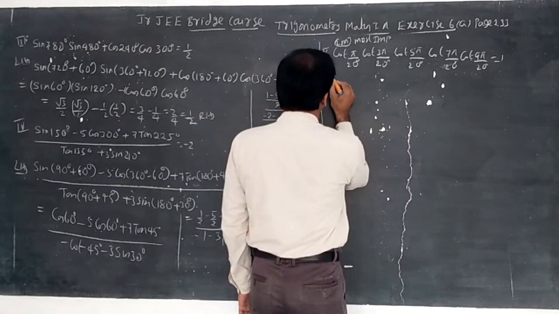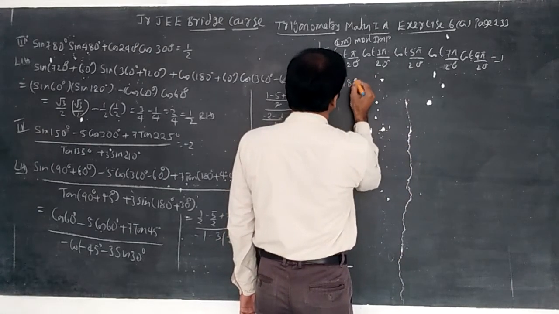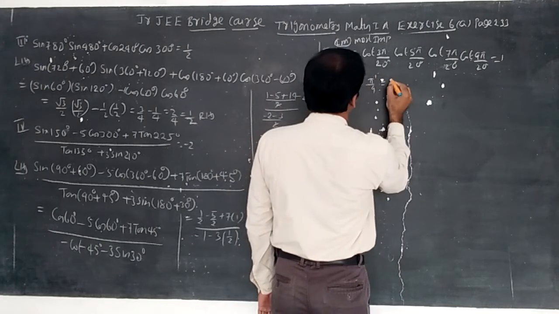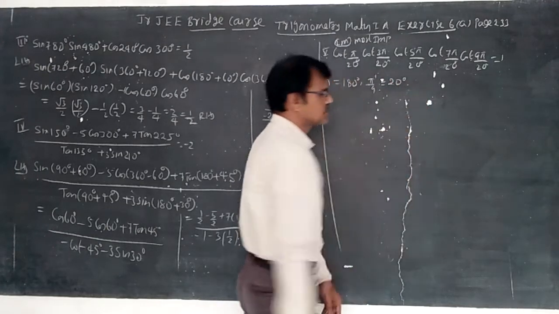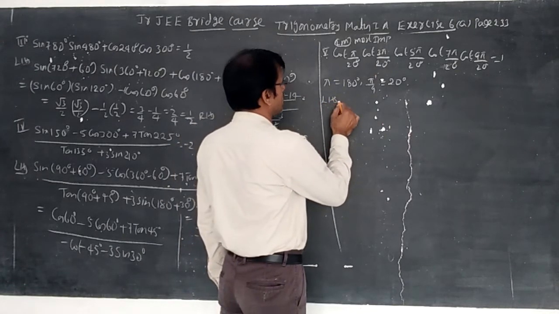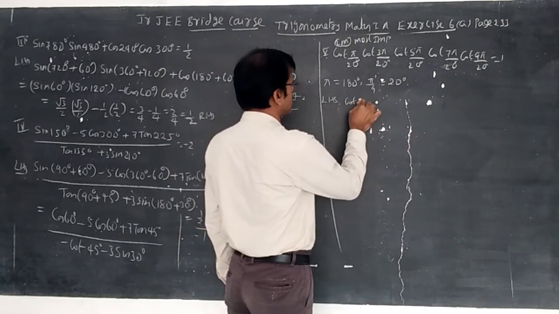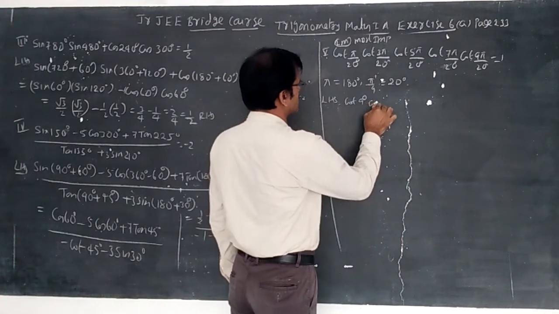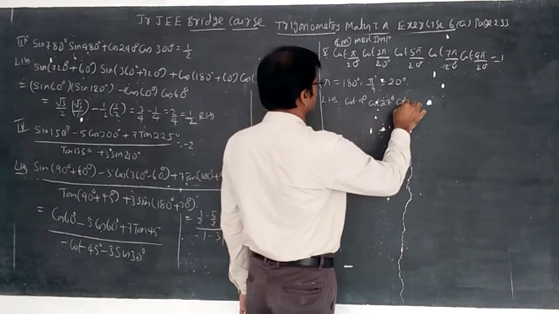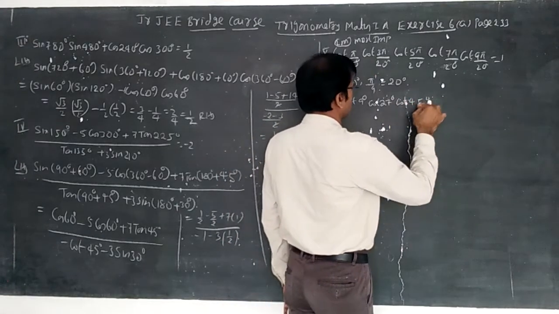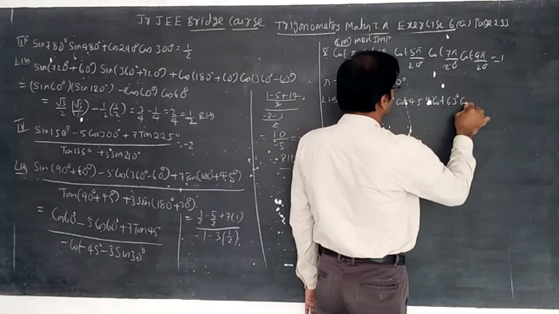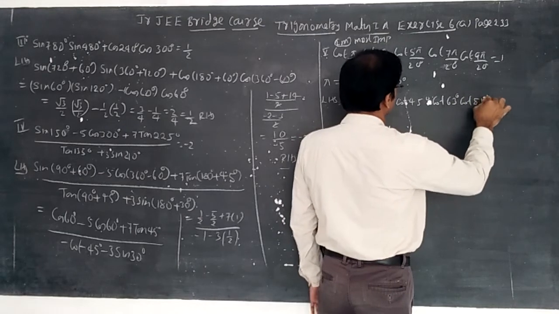You can understand pi is equal to 180, so pi by 9 is equal to 180 by 9, which becomes 20 degrees. LHS is cot 9 degrees into cot 27 into cot 45 into cot 63 into cot 81 degrees.